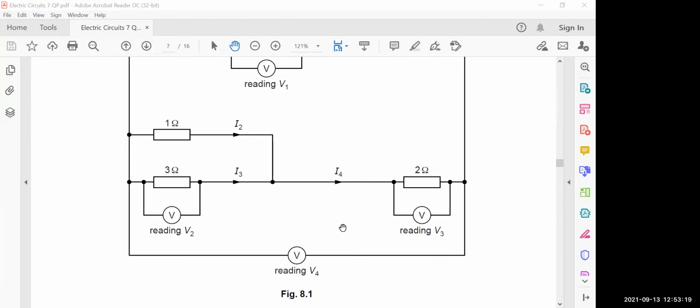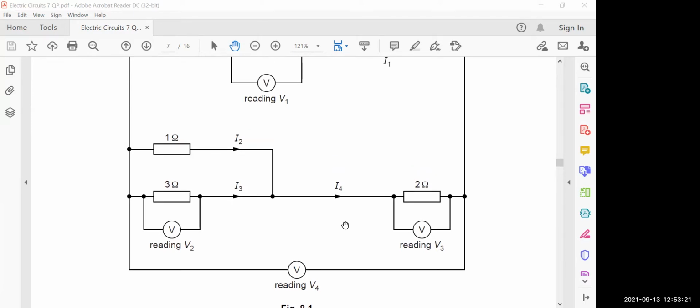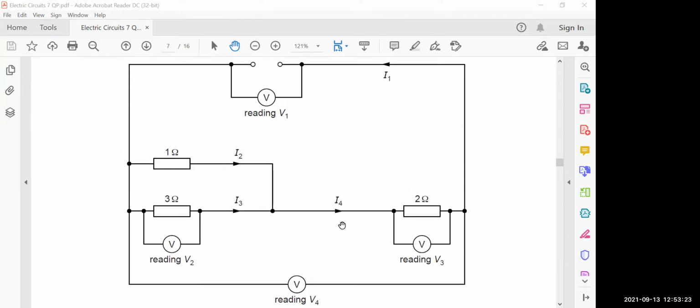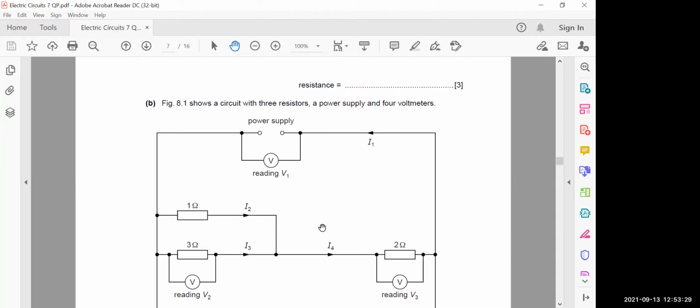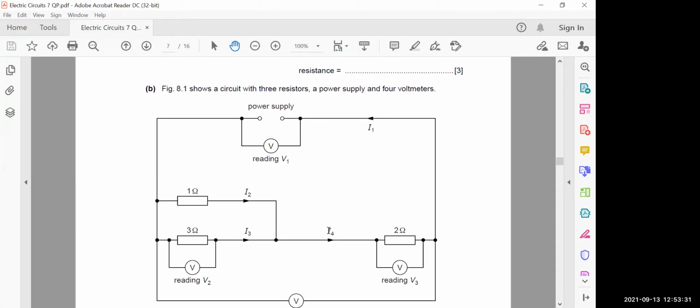Please take some time, look at this diagram carefully, children, and find out the total resistance of this combination. One resistor here, second is here, and the third resistance is here.